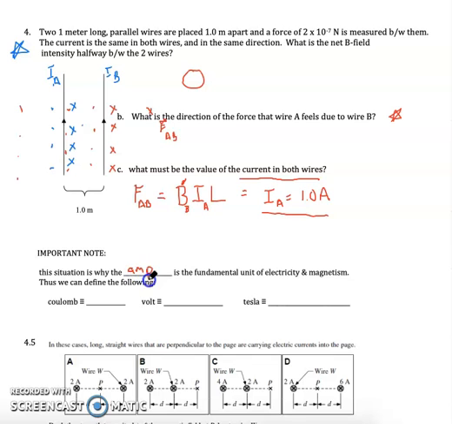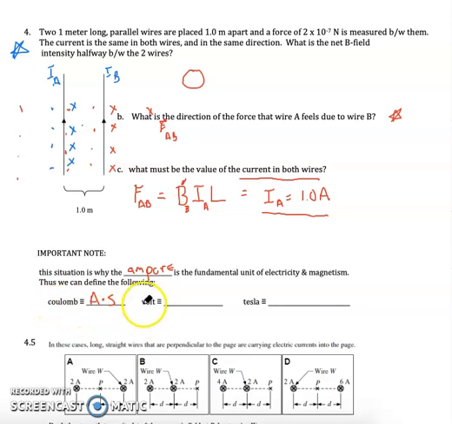So that is a fundamental unit of electricity and magnetism. The coulomb, which you might think is a fundamental unit, is really defined as an amp times a second. If you know you have exactly 1 ampere for 1 second, then you know you have 1 coulomb of charge that's passed through.